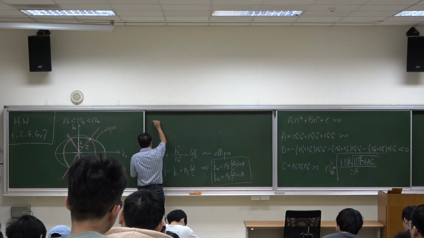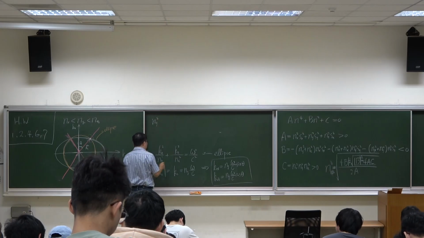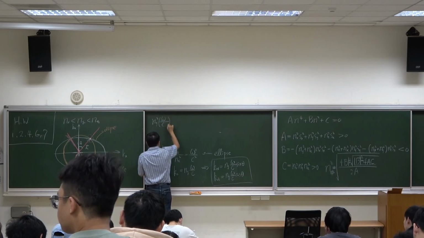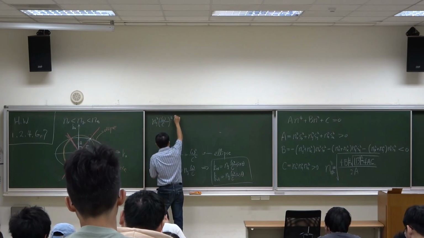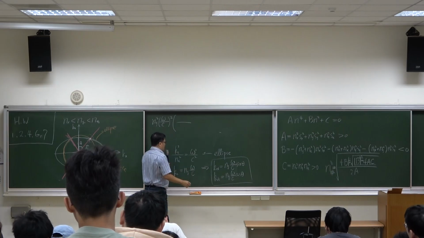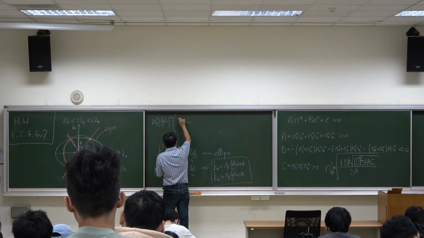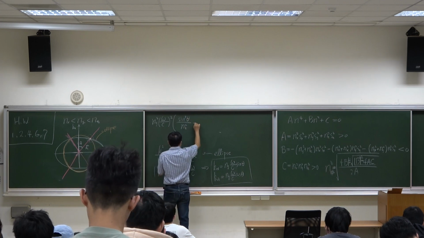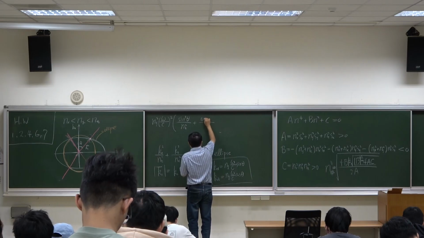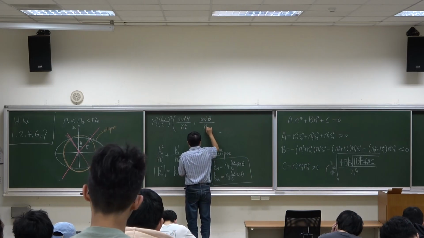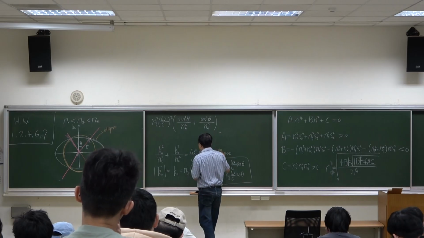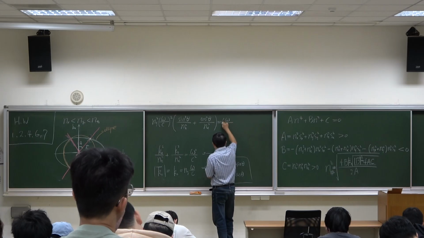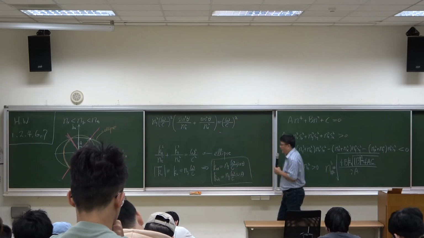So I find ny squared times omega over c squared times sine squared theta over nz squared plus cosine squared theta over nx squared, okay, is equal to omega over c squared. Okay.